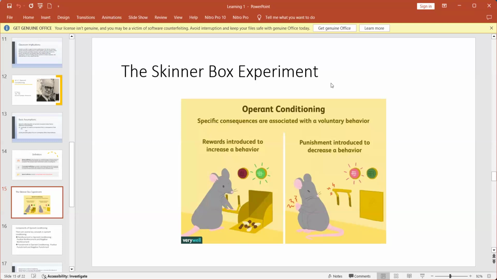So later on, once it was repeatedly happening, accidentally stepping on the lever and getting food pellets, the rats learned to press the lever to get food pellets. Rats purposely, intentionally press the lever to get food pellets.